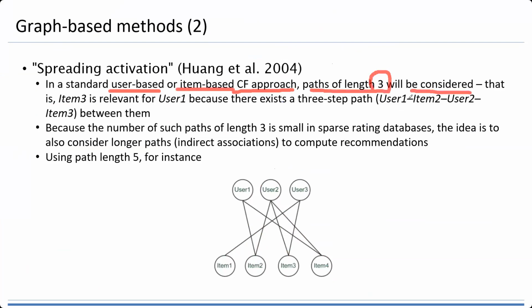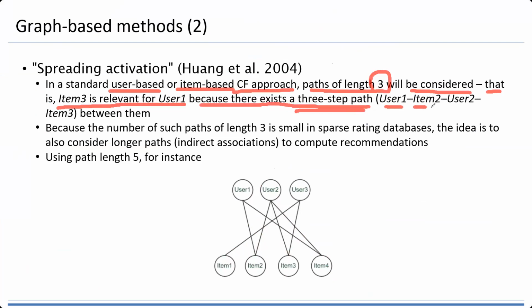What does it mean by path of length 3? So let's see. That is, item 3 is relevant for user 1 because there exists a 3-step path.